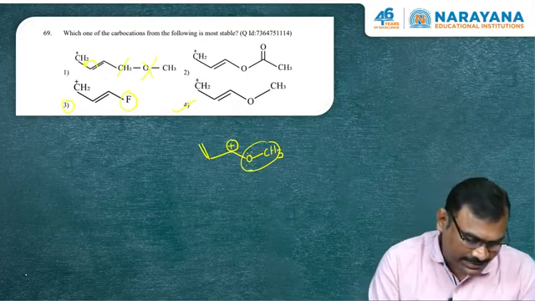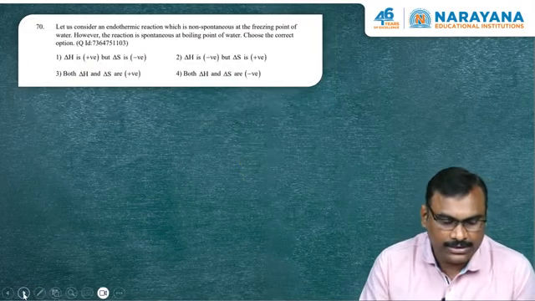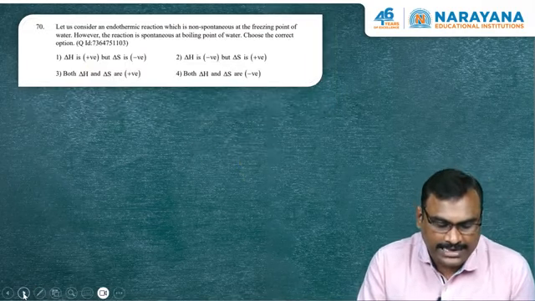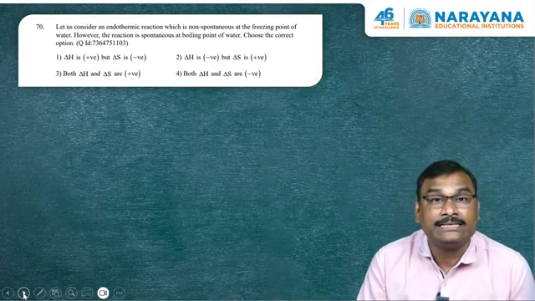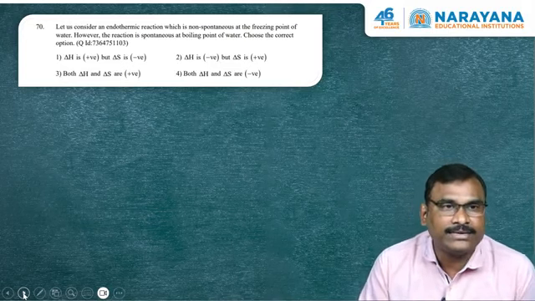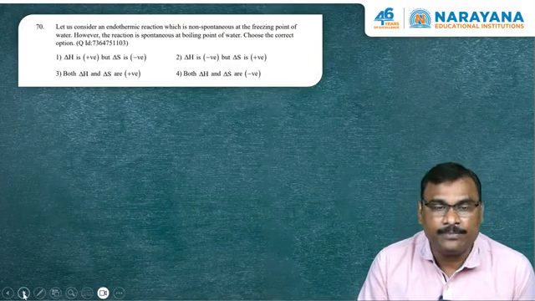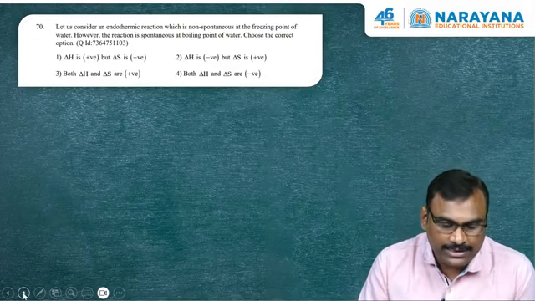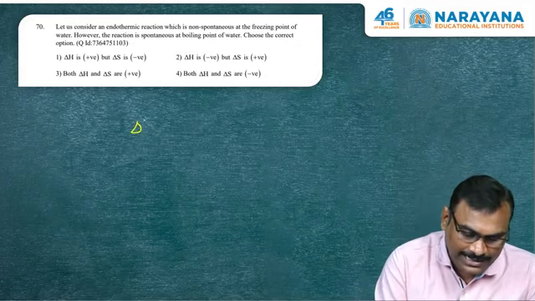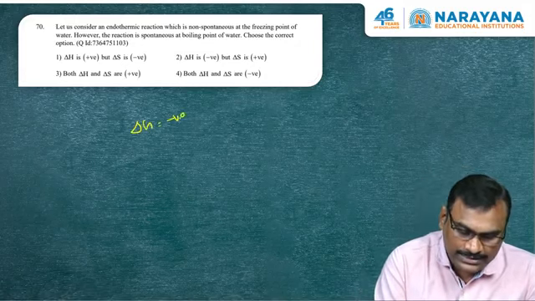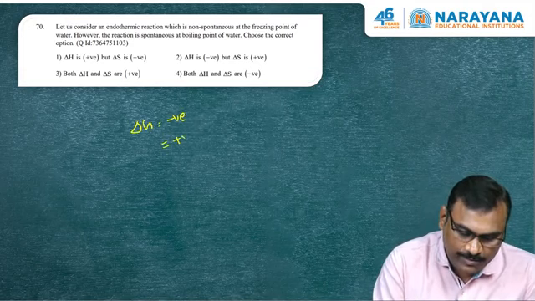Now, go for the next question. Let us consider the endothermic reaction, which is non-spontaneous at freezing point of the water. However, the reaction is spontaneous at boiling point of the water. Choose the correct one. You see, delta G negative is spontaneous, delta G positive non-spontaneous.